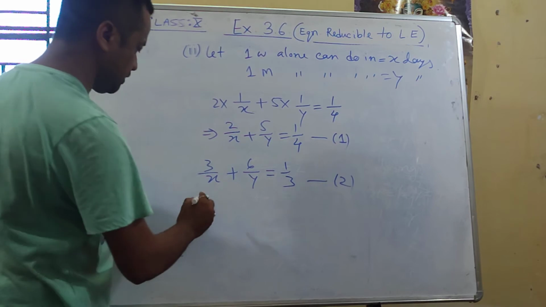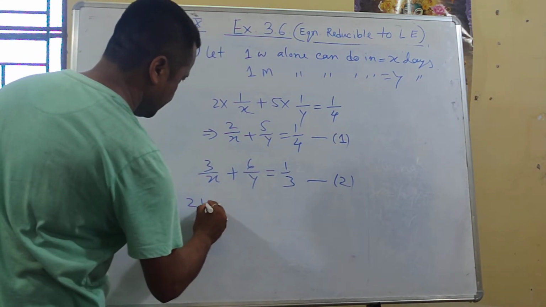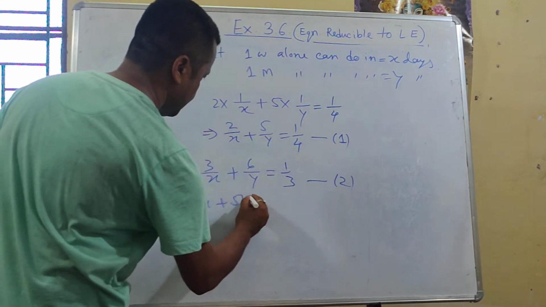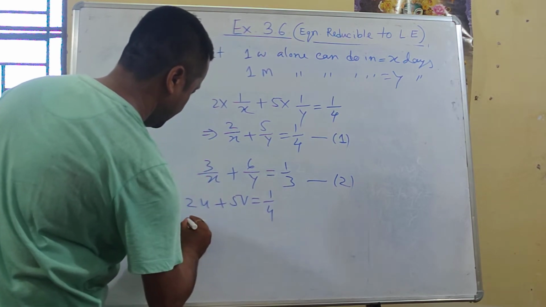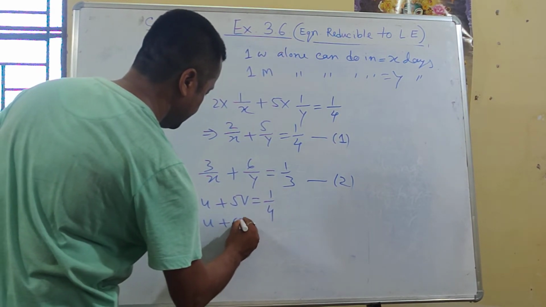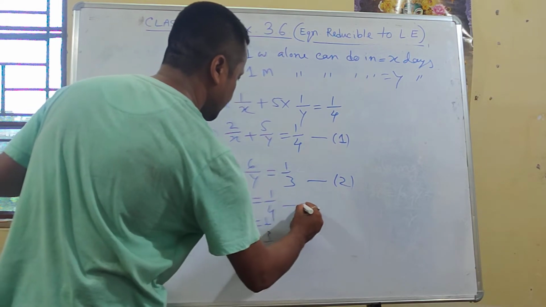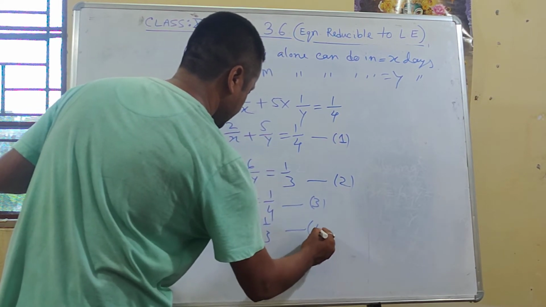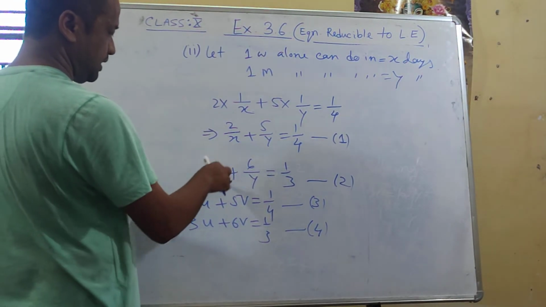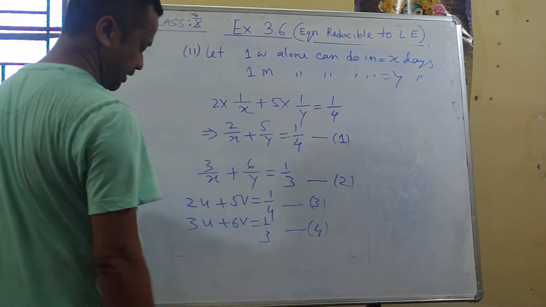Like the previous equations, this can be converted as 2u plus 5v is equal to 1 by 4, and this is 3u plus 6v is equal to 1 by 3. It is number 3, it is number 4. Here we have taken u is equal to 1 by x and v is equal to 1 by y.